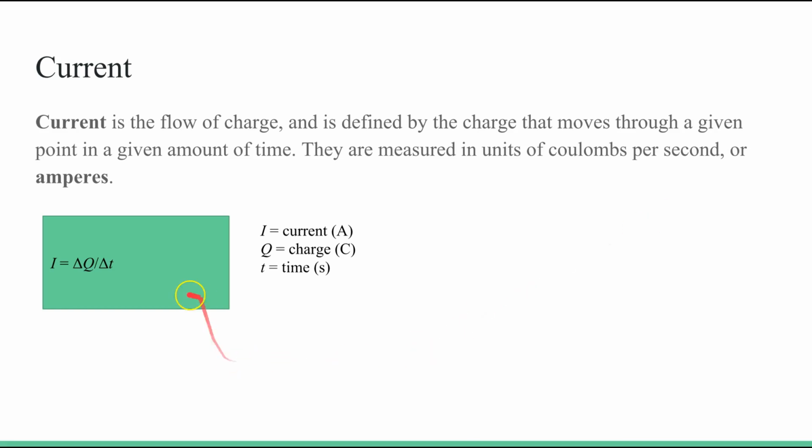We use the letter I for current. So I equals delta Q, the amount of charge, divided by delta T, the actual time it takes. So it's the amount of charge that flows through a point in a given amount of time, delta T. That's current, and current is measured in amperes.